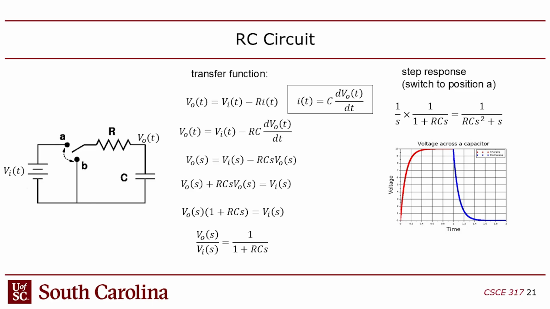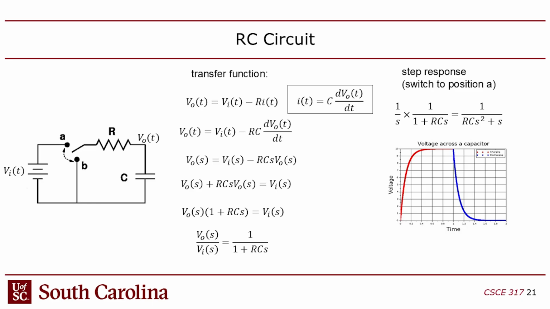The interesting thing here, and you probably remember this from circuits, is that if you assume the switch is connected to A, in this case you have just this one loop. Then you can use Kirchhoff's voltage law to come up with the loop equation.